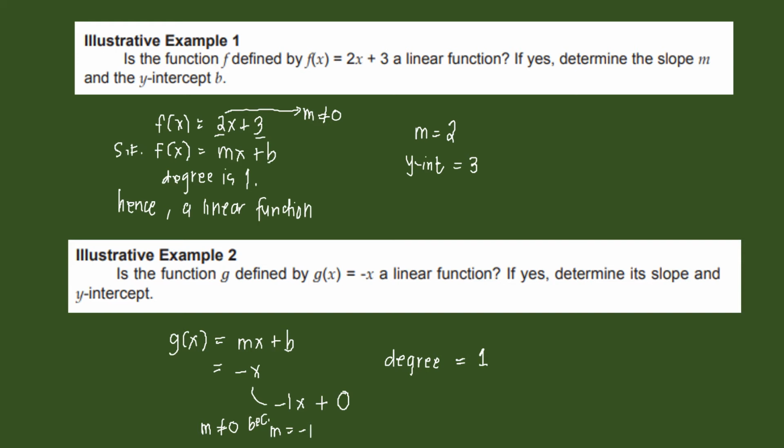Because in our definition, the degree will only be 0 if m is equal to 0 and b is equal to a number not equal to 0. Hence, this is a linear function. What is our slope? The slope m is negative 1 and the y-intercept, because there's nothing written, is 0.